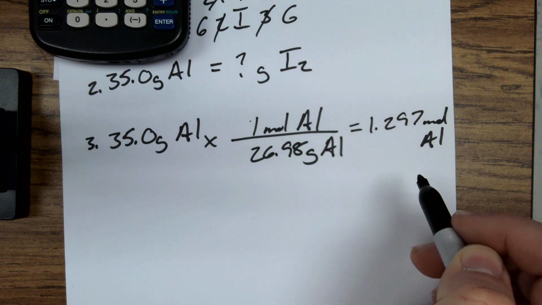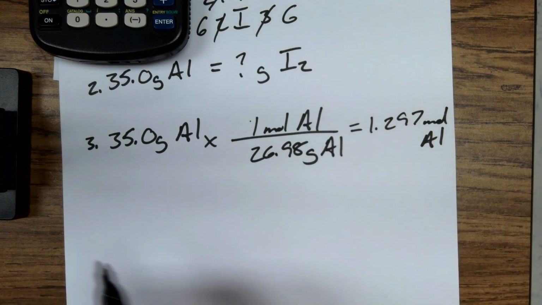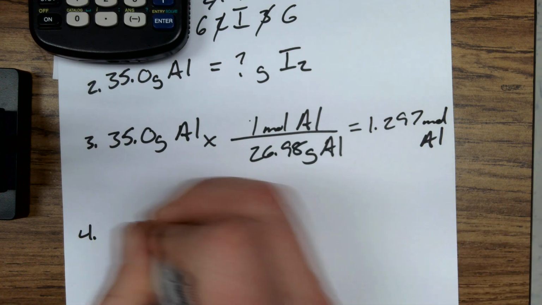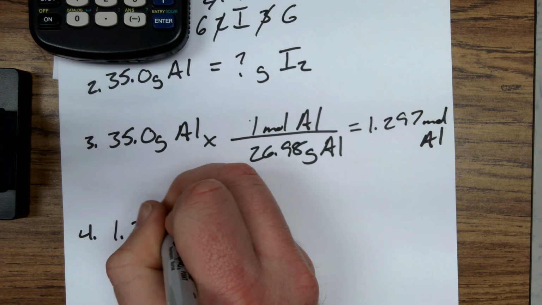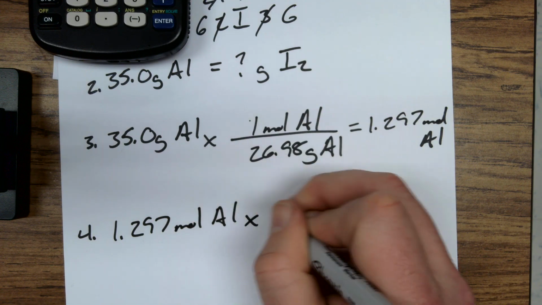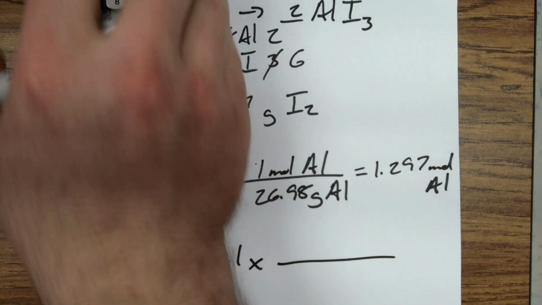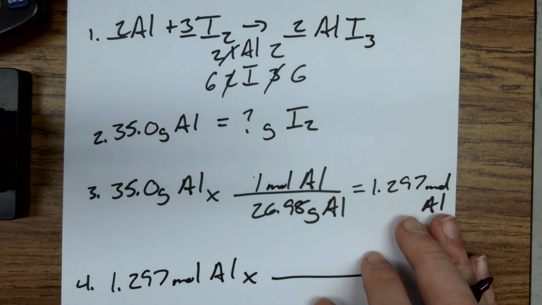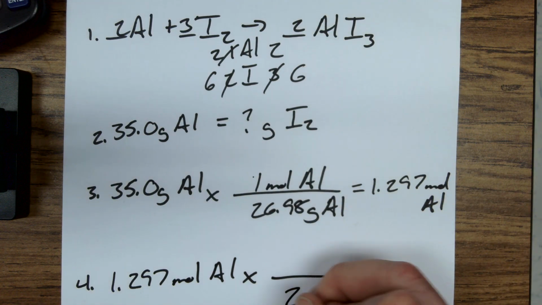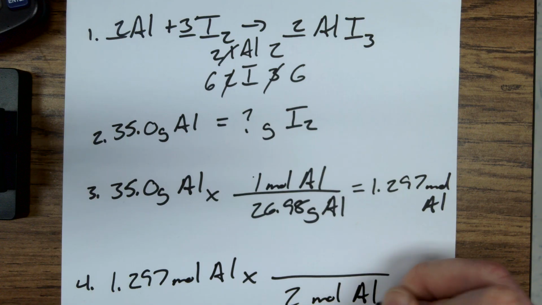So, now that I have my moles of aluminum, I'm ready to do my mole ratio. Multiplied by my mole ratio. So, 1.297 moles aluminum. Looking at my reaction, how many moles of aluminum are in my balanced reaction? 2. 2 moles aluminum.